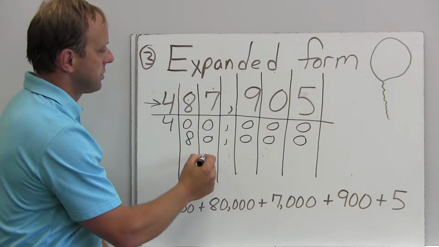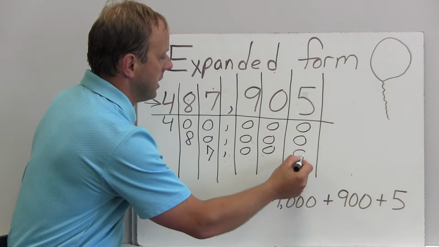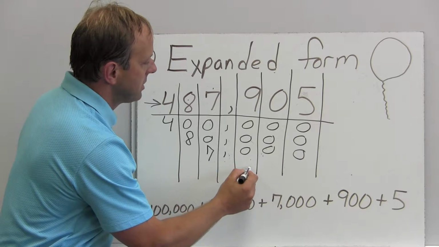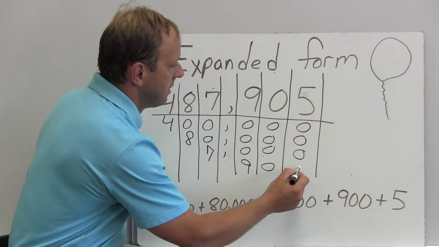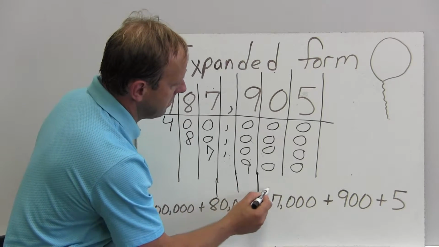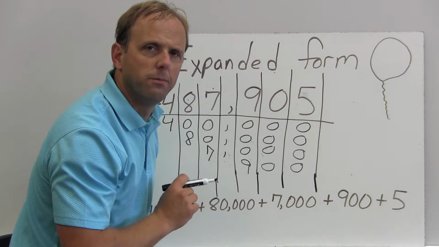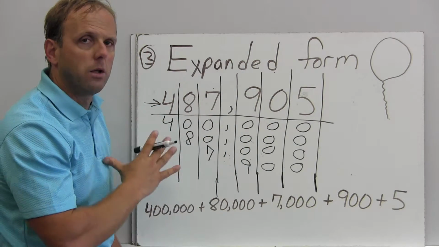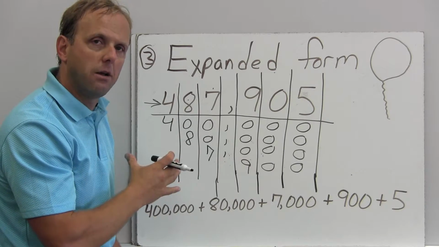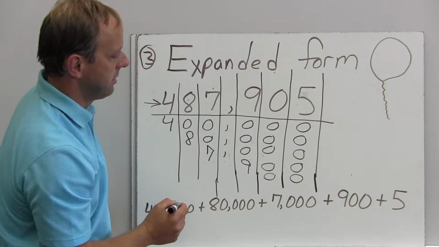Drop the digit straight down, filling in with zeros again, and I just continue this process. As you can see, I'm going to have to extend my lines a little bit here. However, you'll notice there's a 0 here, so what do we do? My advice, while you're learning this and gaining confidence in how to do it, is just go ahead and put those zeros, and I'll show you why here in a second.